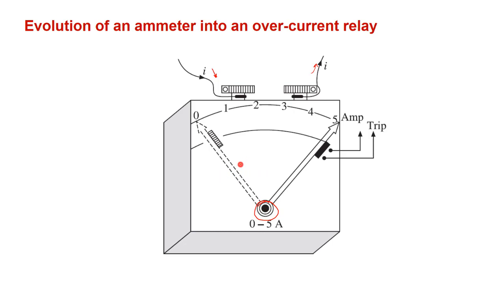This is the principle applied in the electromechanical overcurrent relay. Because the principle is the same, the ammeter evolved into an overcurrent relay.